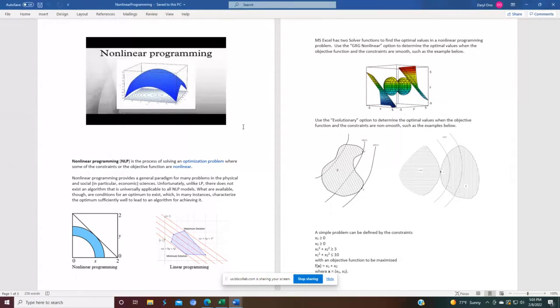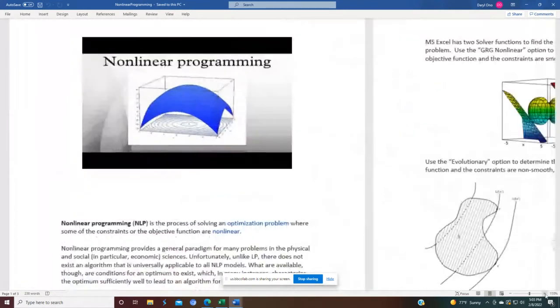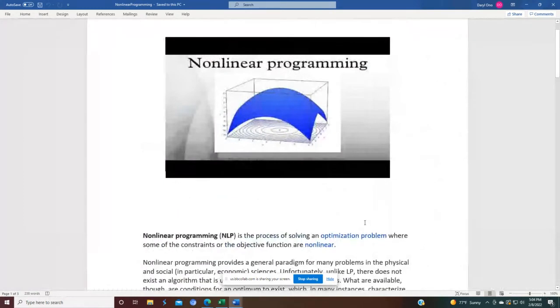However, what we want to look at here now is either constraints or a profit function that is not a straight line.